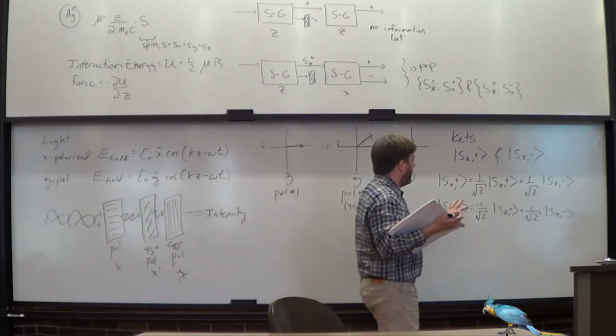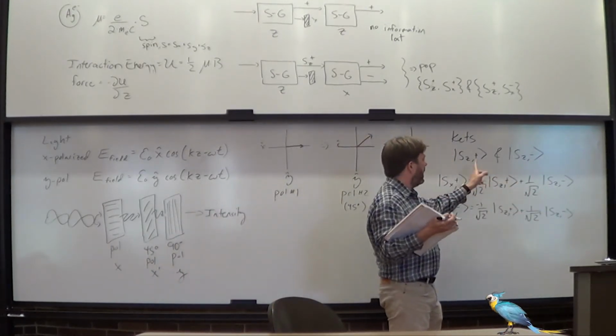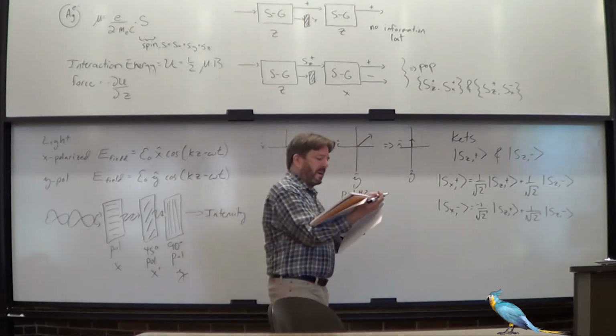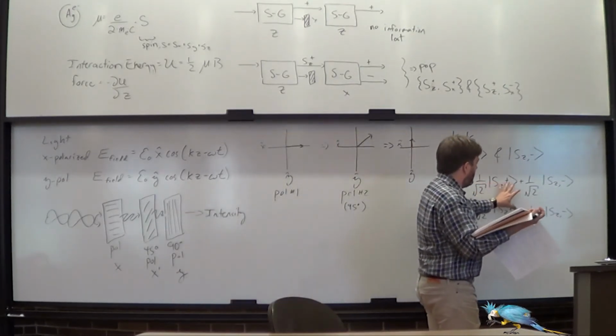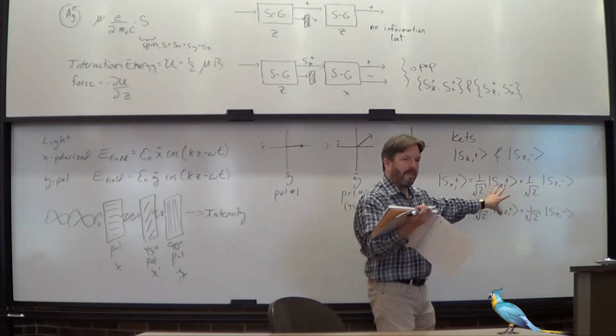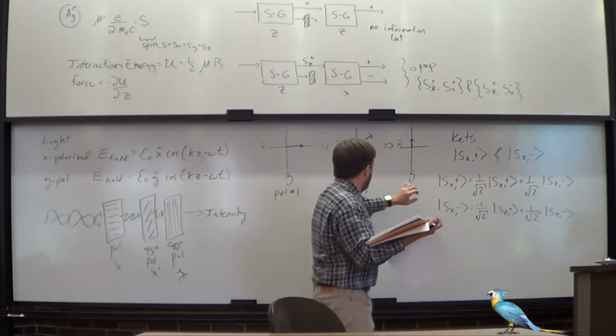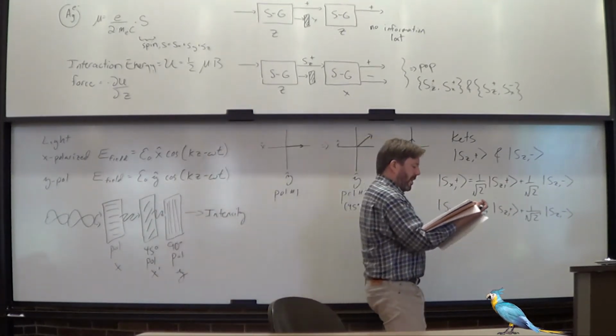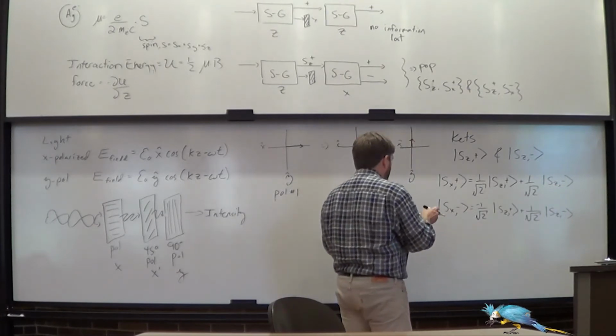So notice that I've got a description for everything, and I'm only doing it with SZ plus and SZ minus. Now, as I'm going to talk about once we get to more Ket mathematics, this description will describe all this stuff I just showed, and that's why I'm saying this is correct. It's going to take a little bit of time to get there.